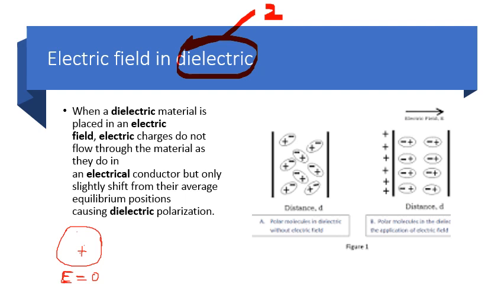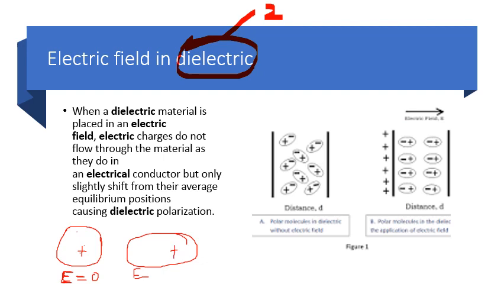But when you apply a finite field here, then in the presence of this field, the shape is distorted from spherical. Why does this happen? Because in the presence of the electric field, the electrons move towards the positive side, and so there exists a charge separation.